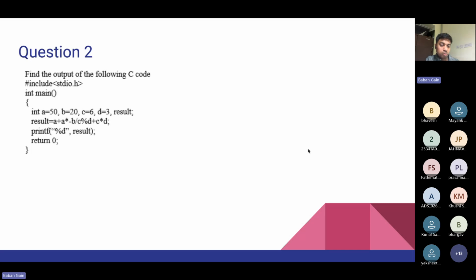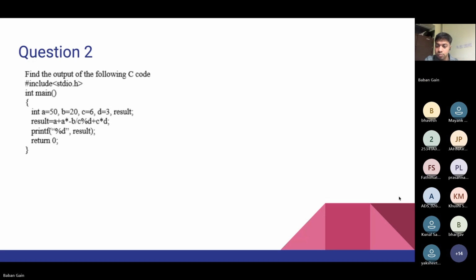The question is what will be the order of the operation, and then what will be the output? We have to use the precedence rule here.